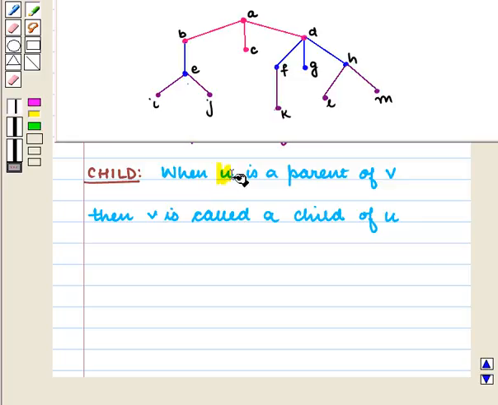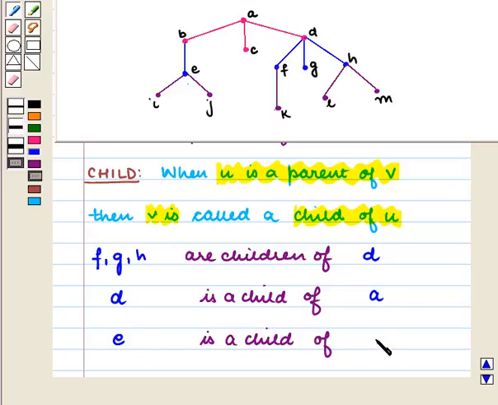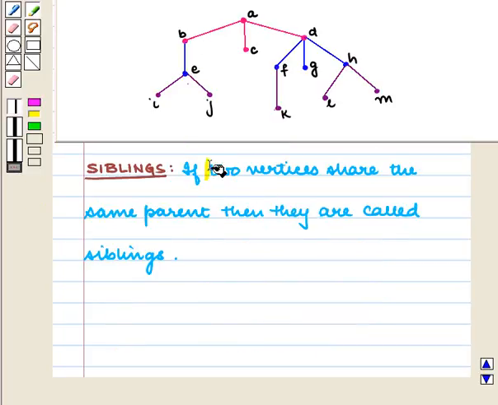Now, if U is a parent of V, then V is called a child of U. So here, as D is a parent of F, G, H, so F, G, H are children of D. Similarly, D is a child of A and E is a child of B. If two vertices share the same parent, then they are called siblings.